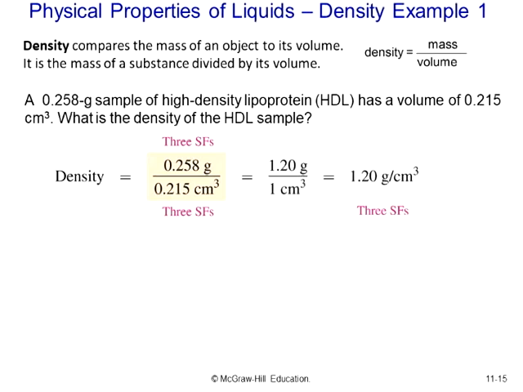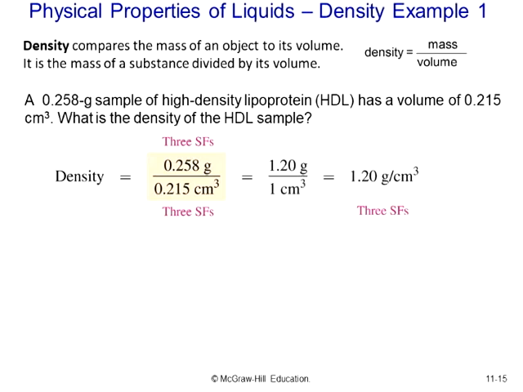So before we return to our discussion about intermolecular forces, let's practice a density calculation. Okay? Again, we know that density compares the mass per volume. So let's practice it. A 0.258 gram sample of high density lipoprotein has a volume of 0.215 centimeter cubed.